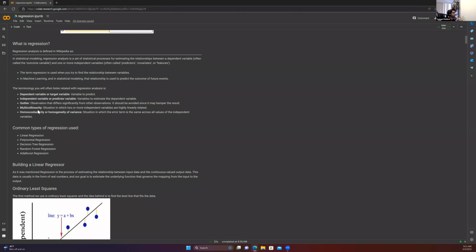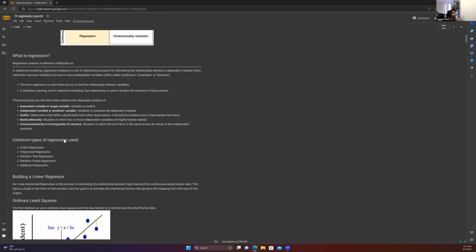Multicollinearity is a situation in which two or more independent variables are highly related, highly correlated. And homogeneity is a situation in which the error term is the same across all values of the independent variables. So, just some common terms to know.